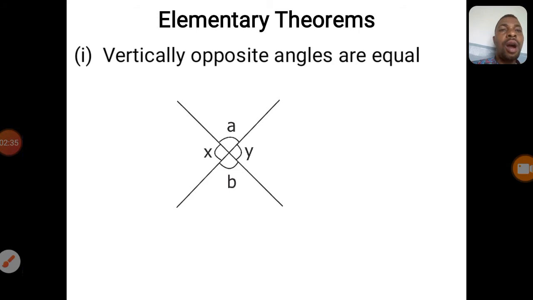From there we obtain vertically opposite angles. In that diagram, angle A is equal to B and X is equal to Y, meaning that A is vertically opposite to B and X is vertically opposite to Y. Do not be confused with B and Y or A and X. They are not vertically opposite angles. They are merely on the same straight line.